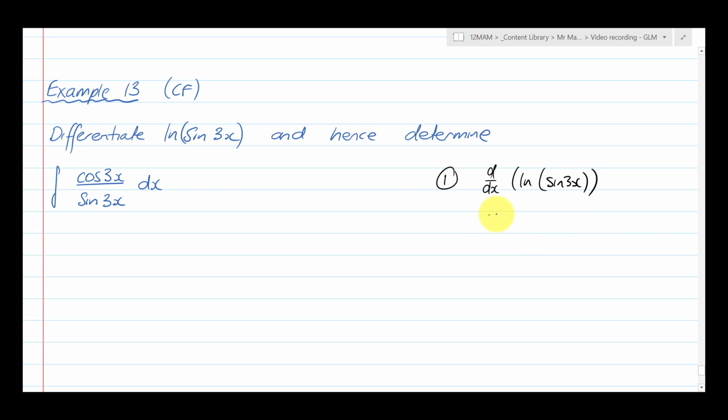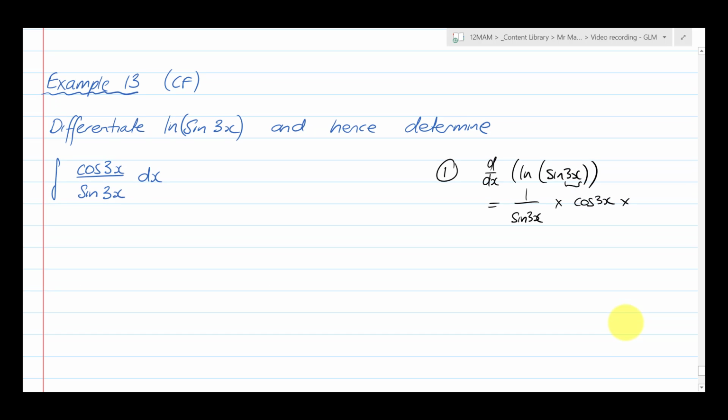When I differentiate that, I get 1 over sine 3x times the derivative of sine 3x, which is cos 3x, times the derivative of the function inside, the derivative of 3x, which is 3. So I get 3 cos 3x over sine 3x, which is the derivative of that initial function.